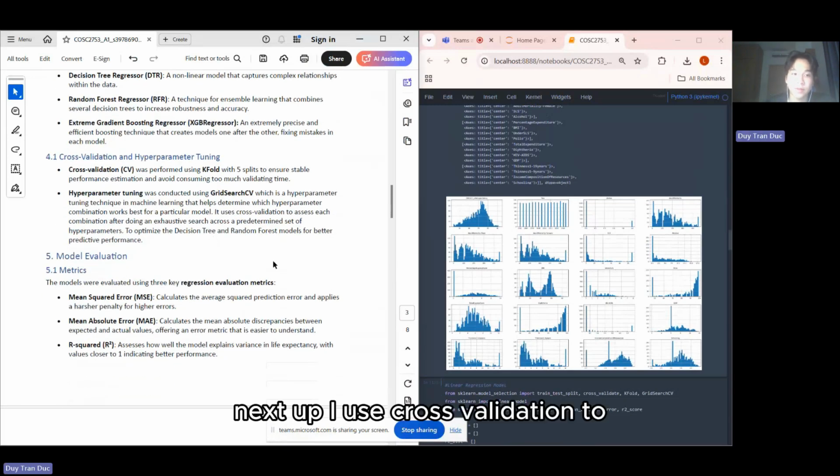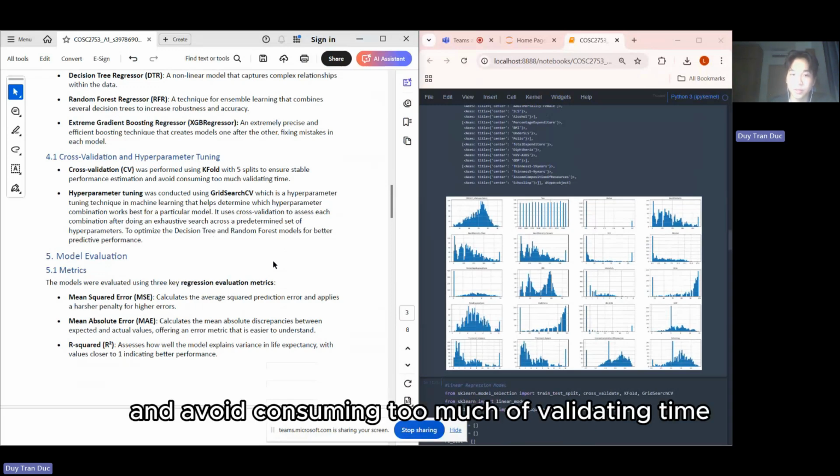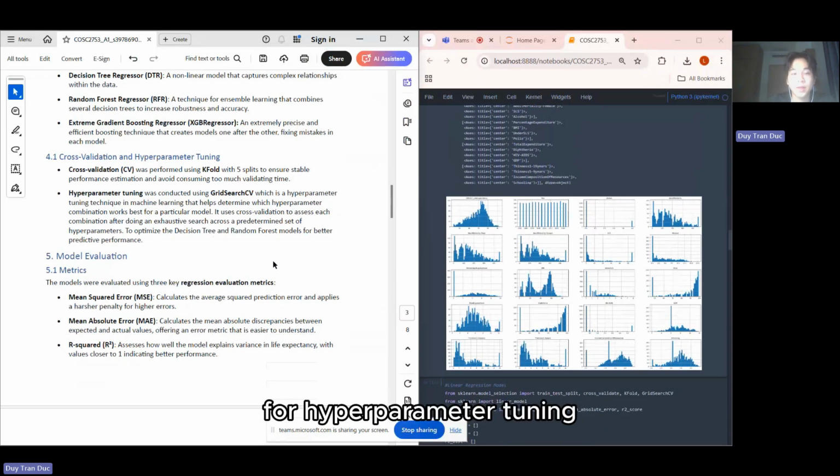Next up, I used cross-validation to perform k-fold with 5 splits to ensure a stable performance estimation and avoid consuming too much validating time. For hyperparameter tuning, I used grid search cross-validation to find the best combination to work for a particular model.